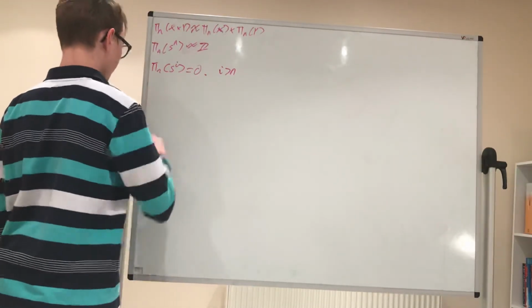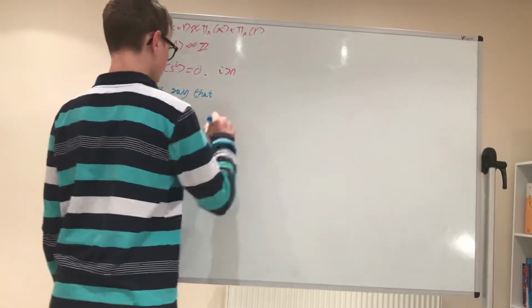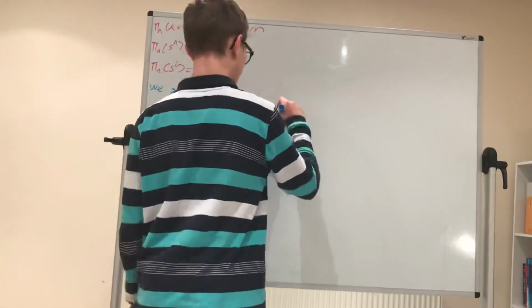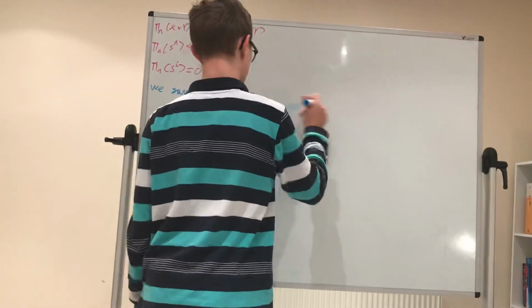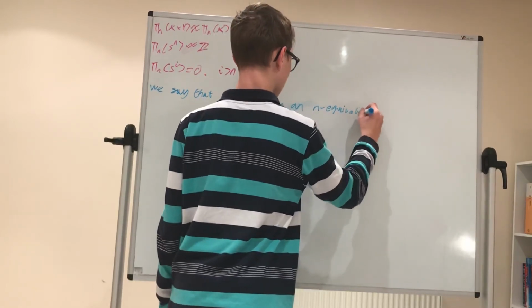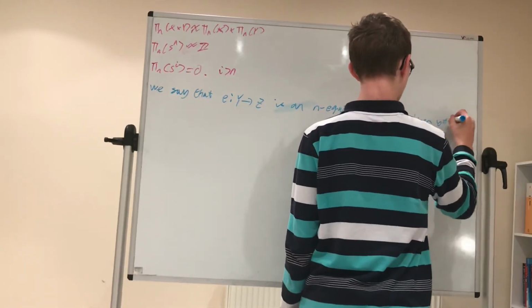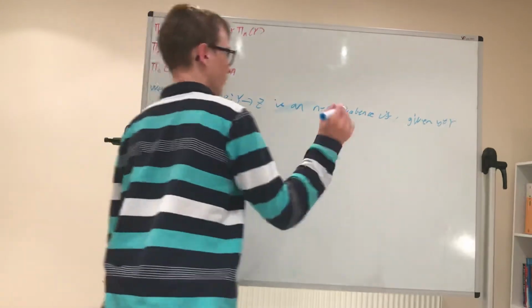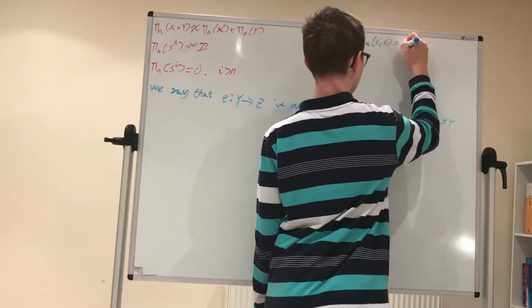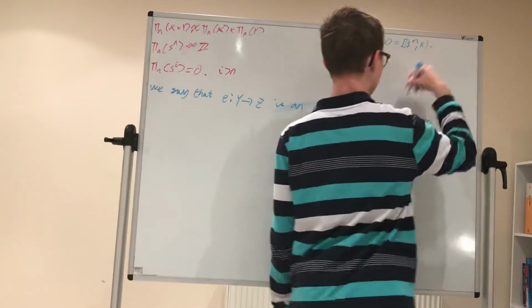So, we say that E, a map from Y to Z, is an n equivalence if, given some y in Y, and also pi n of X at some x is defined as per usual.